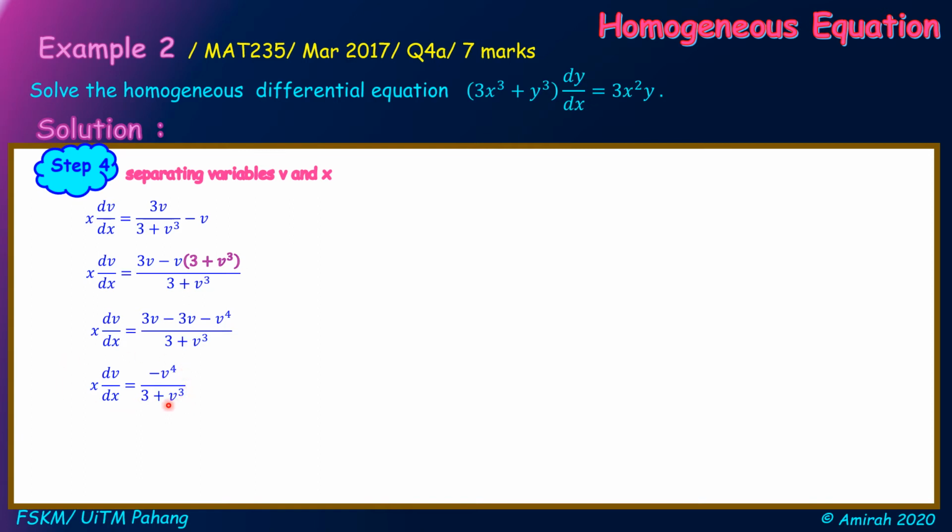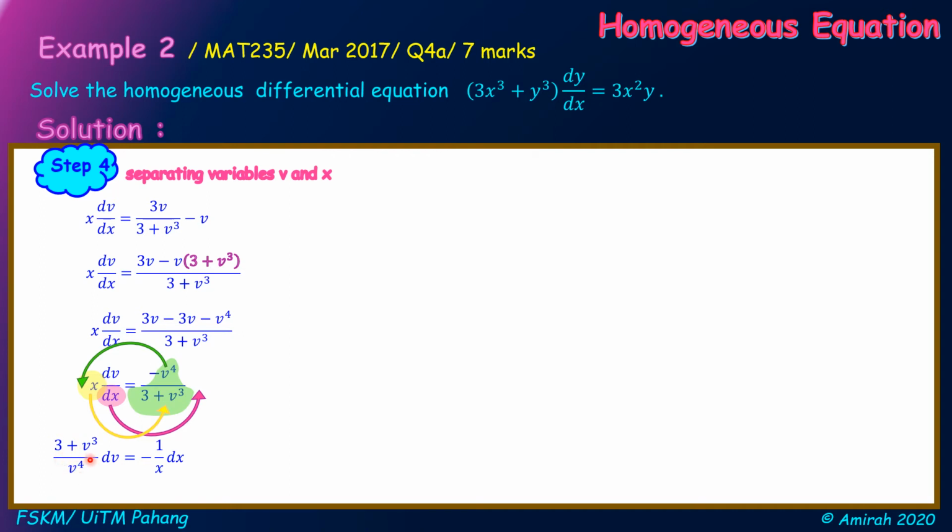From here, we move terms containing x and dx to the right hand side, and we move terms containing v to the left hand side. We move the denominator dx to the right hand side and it becomes multiplication. Then we move x from the left hand side and it becomes a denominator. We move v to the power of 4 over 3 plus v cubed to the left hand side, so we exchange the numerator and denominator for terms containing v.